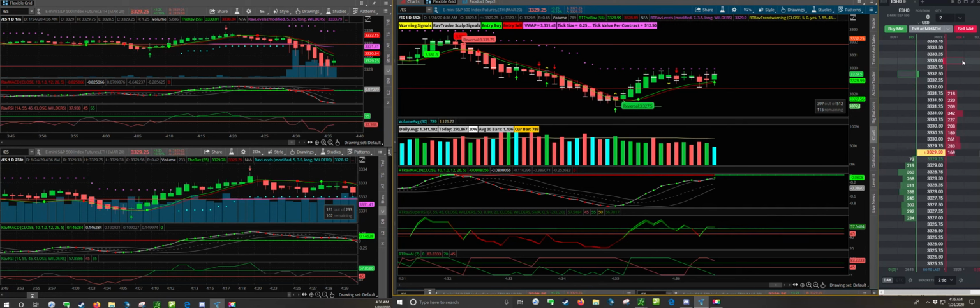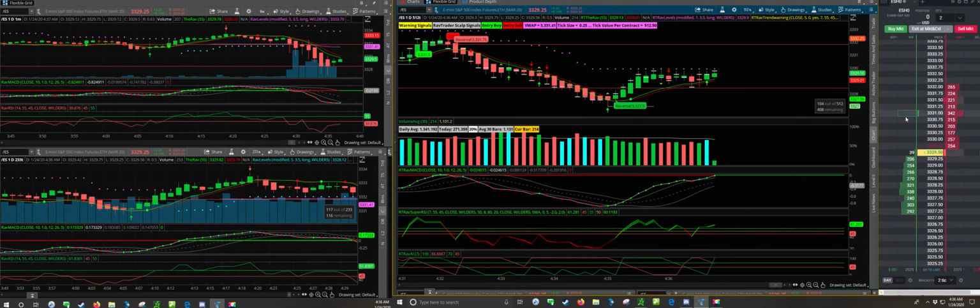Move your short order to 29 right on the moving average. Let's go long 30.25 above the magenta. We got 2 orders in.